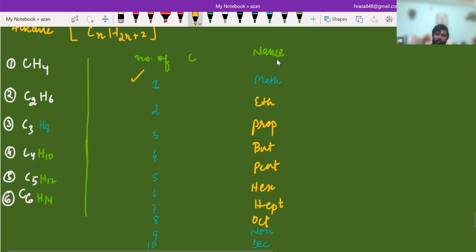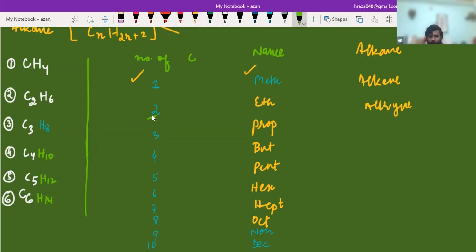If you have one carbon, meth, and the rest part, we have three parts: alkane, alkene, alkyne. So if the number of carbon is 2, that means eth, but it depends on the nature of the bond. If it is single, it will be known as ethane. If it is double, that means ethene.